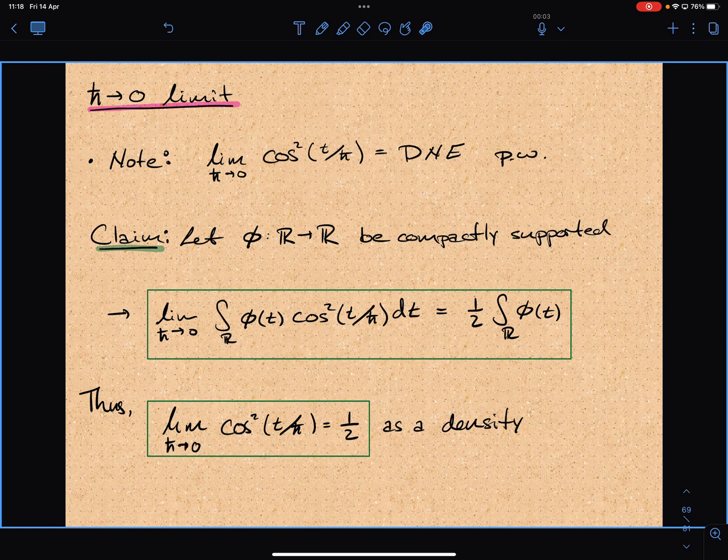Explicitly, the way I write this mathematically is that if I have a function phi, which is compactly supported on R, meaning that my function is 0 outside some region, then comes back up and goes back to 0, so near positive or negative infinity this function is equal to 0. Outside a finite region, this function is going to be 0.